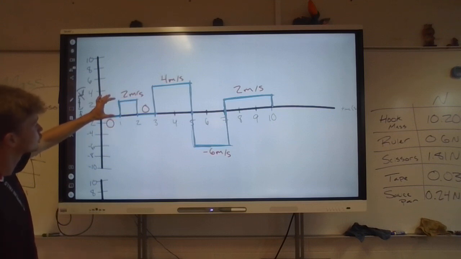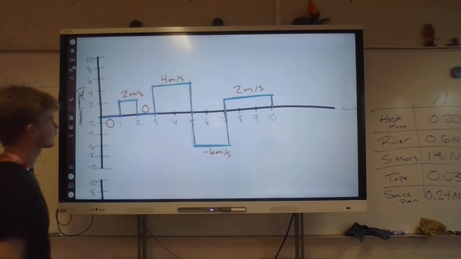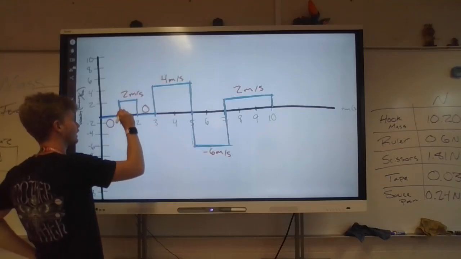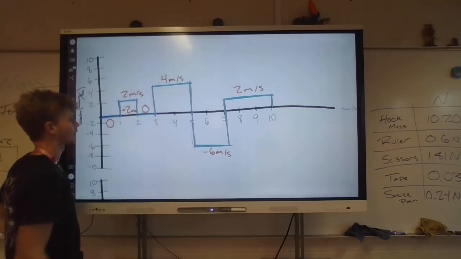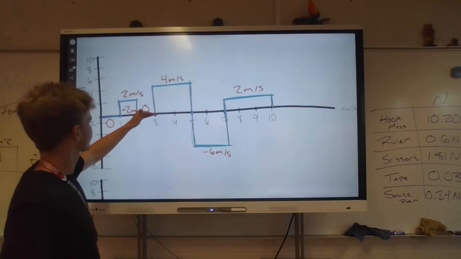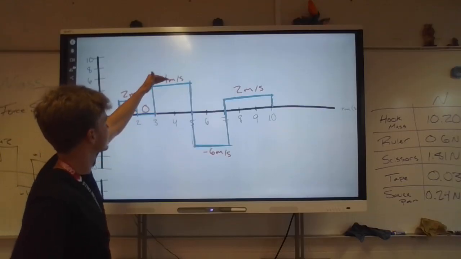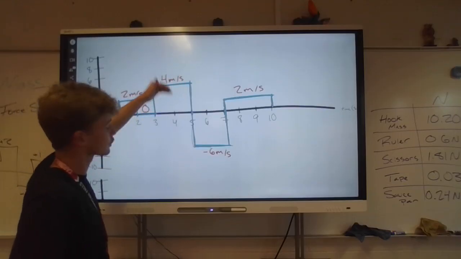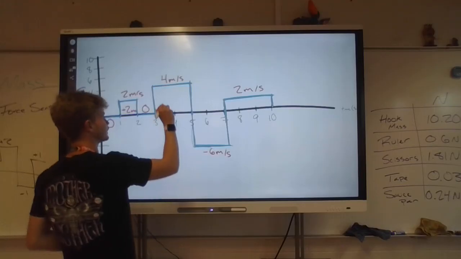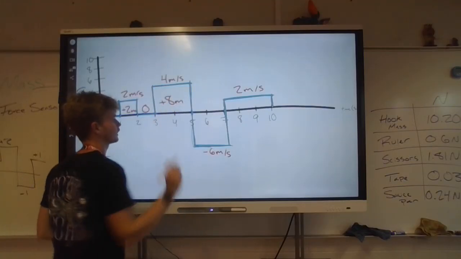So that means it's 2 meters per second tall over 1 second. So that means I was displaced a positive 2 meters. Okay. Now, right here, we went up to 4, and this lasted over 2 seconds. So 4 times 2, I must have been displaced 8 meters worth.